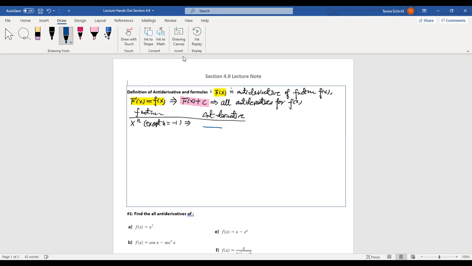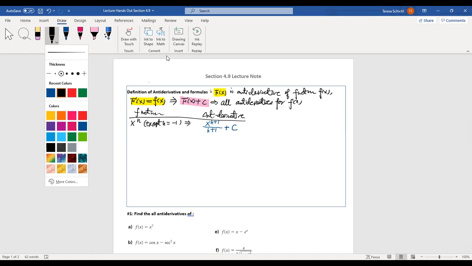The antiderivative will be x to the n plus 1, divided by n plus 1, don't forget, plus a constant C. The reason this is the antiderivative is that if you take the derivative, you move the n plus 1 to the front, the n plus 1 cancels, and the result is x to the n.